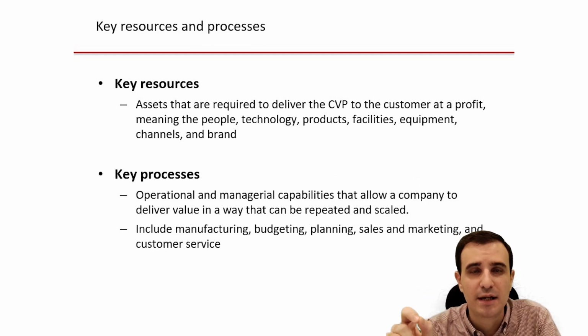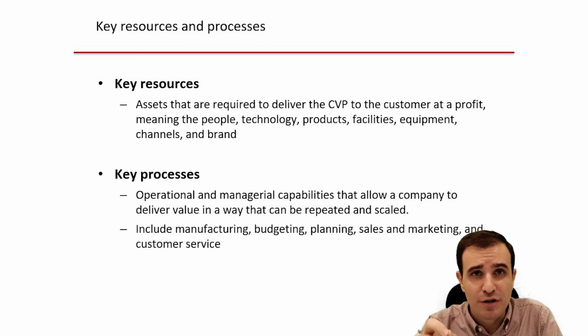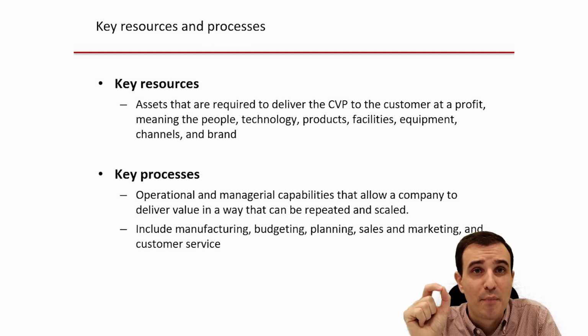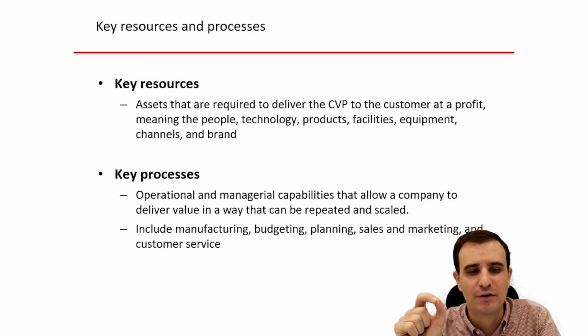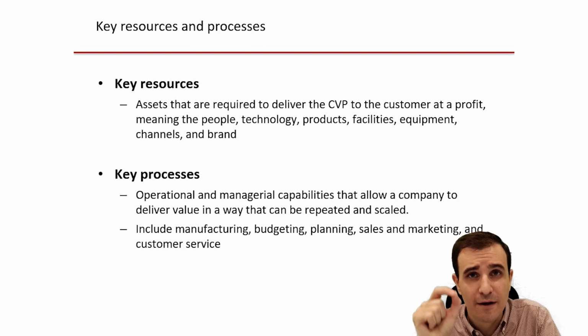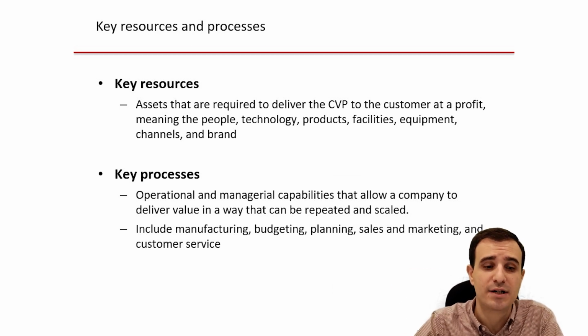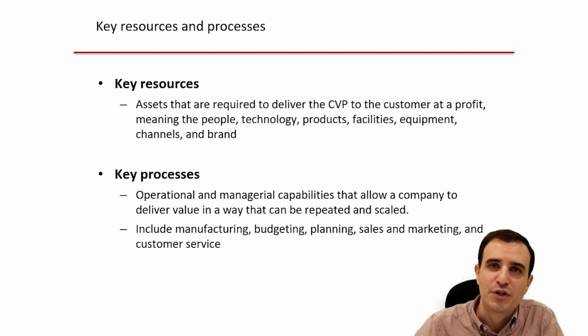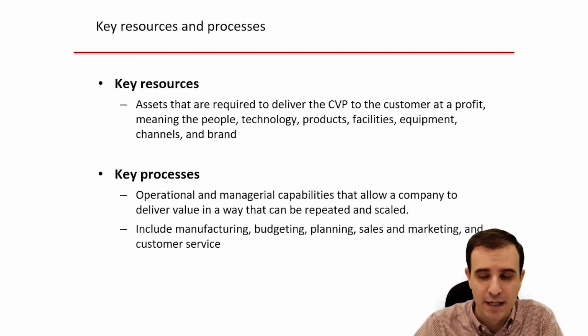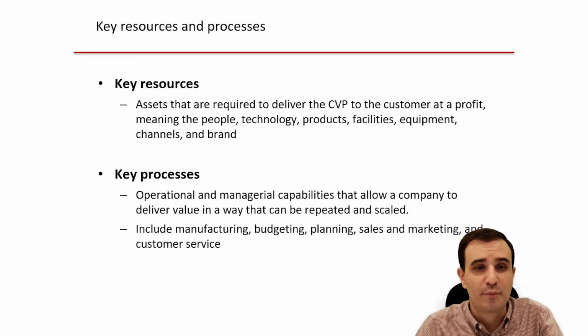So processes can be operational processes, can also be managerial capabilities of your organization. And these should be repeatable, meaning you can do this again and again. And this will lead to scalability of your business. Manufacturing, customer service, sales, and marketing will all be under the key processes.